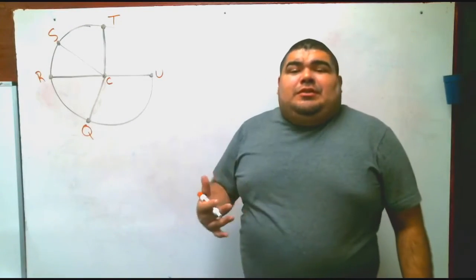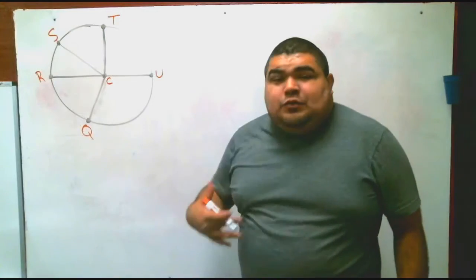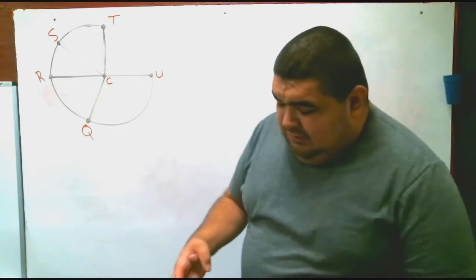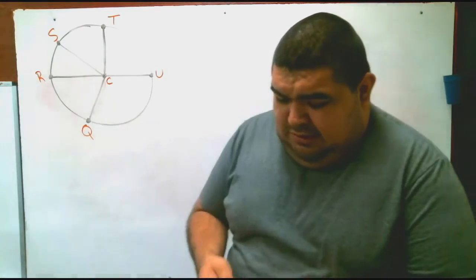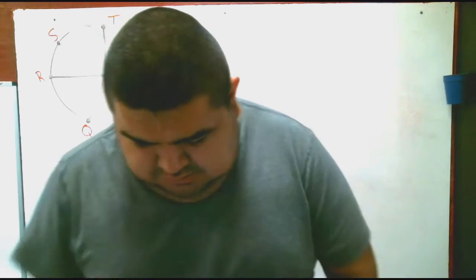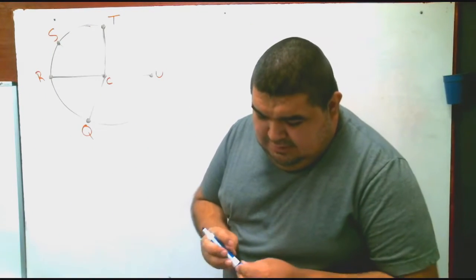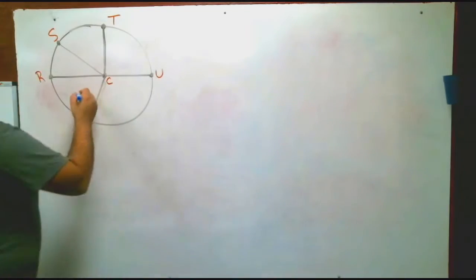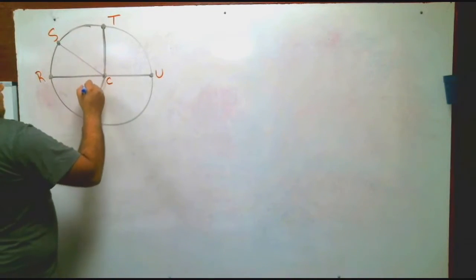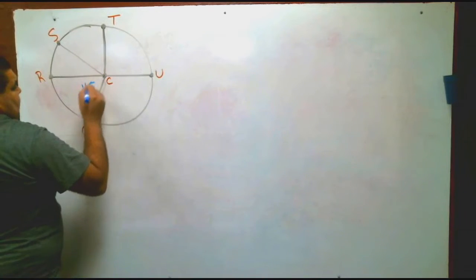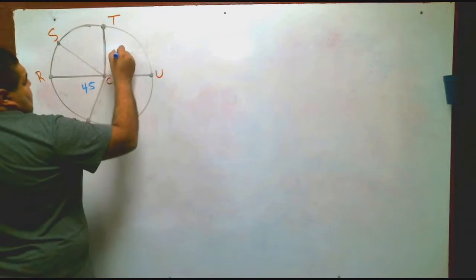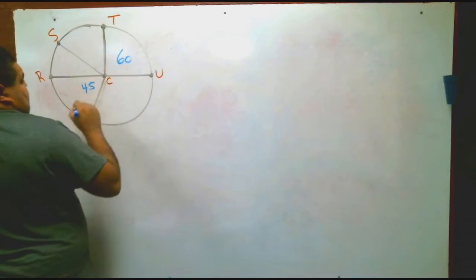Also, what's given to us in this circle, okay? It's one of those measurements, because what we have to do on the concept is we have to find the measurements. So it gives us one of those measurements. The measurement that is given to us is 45 and 60, okay?